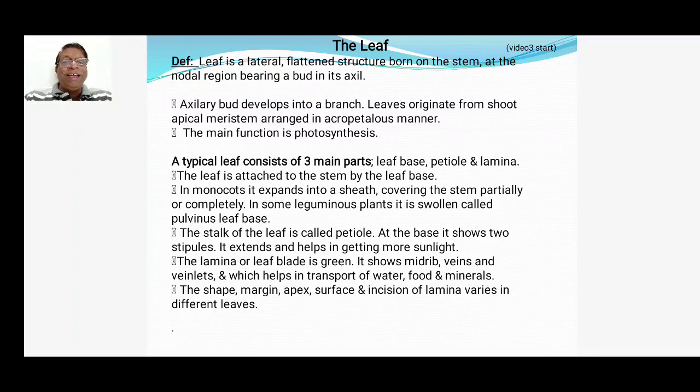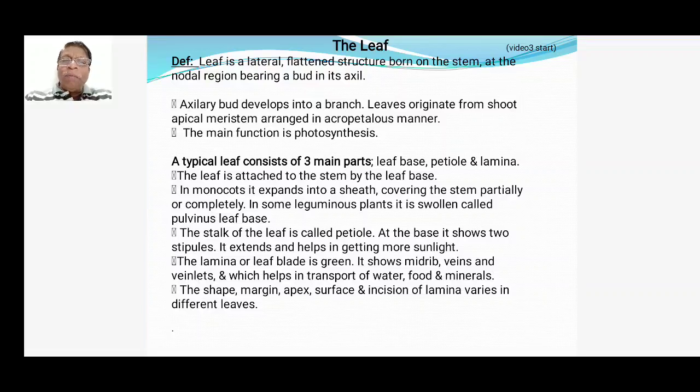The leaf is attached to the stem by the leaf base. See the diagram. How is the leaf attached to the stem? With the help of the leaf base. This is in case of dicots.